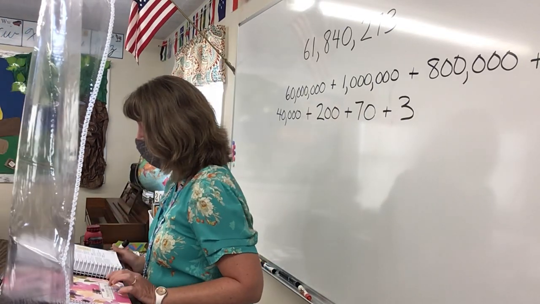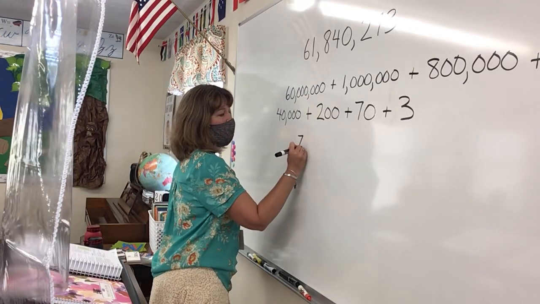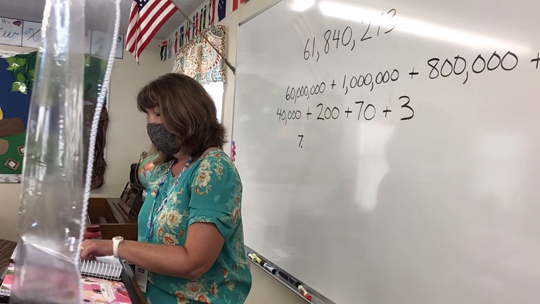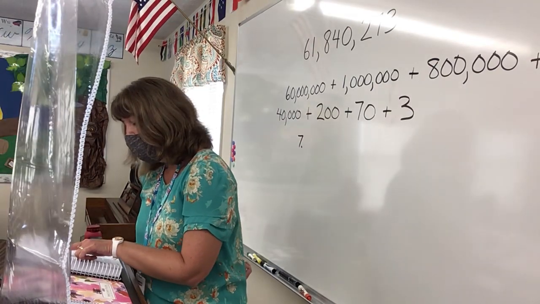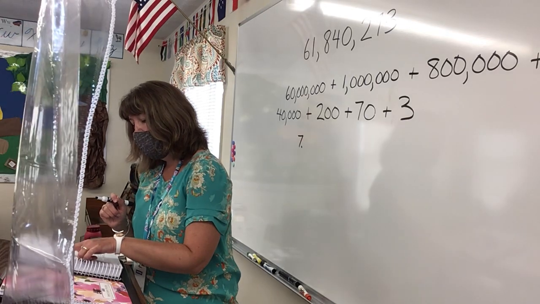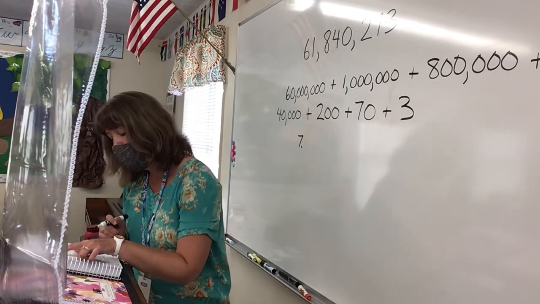Jacob? How would you write the expanded form? 500,000.